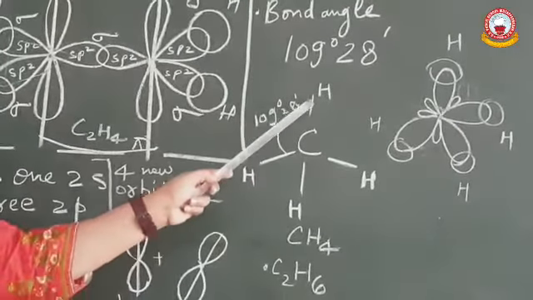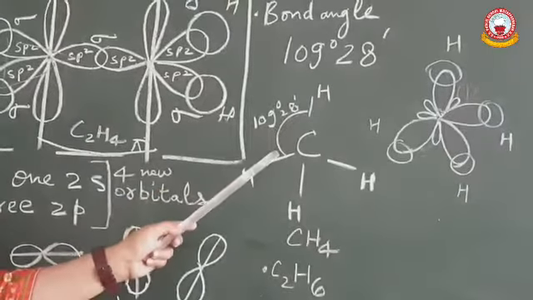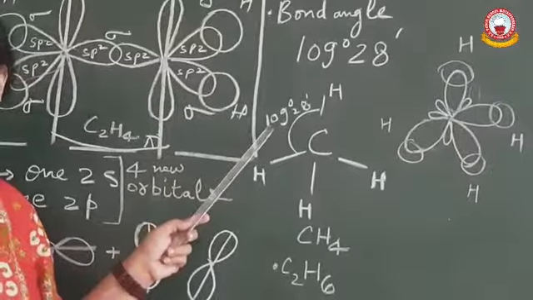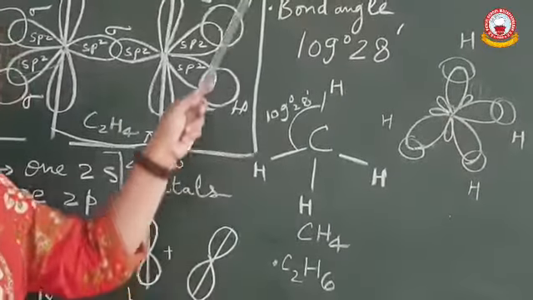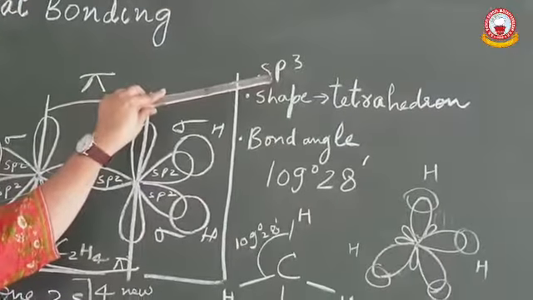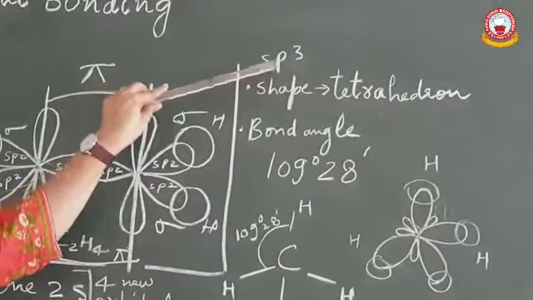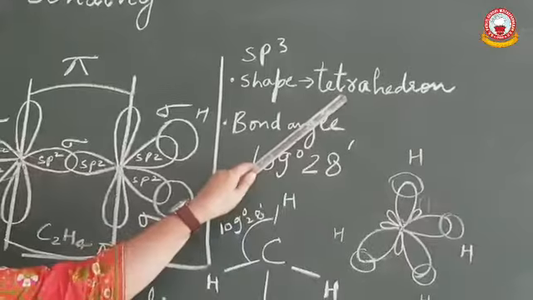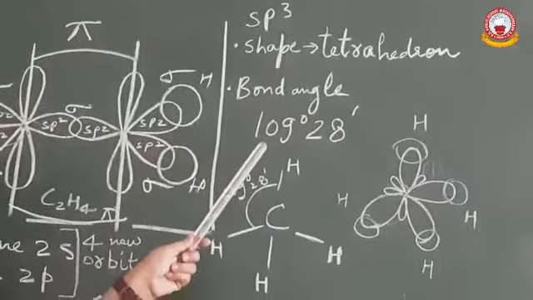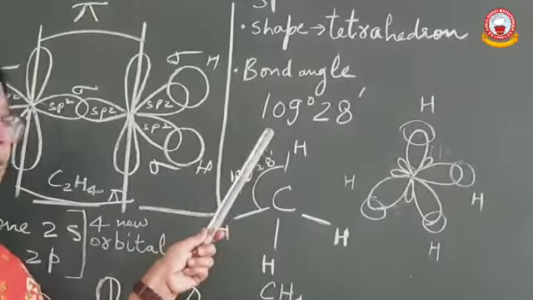This is the bond angle for all sp3 hybridized molecules, that is 109 degrees 28 minutes. These are the characteristics. Whenever sp3 orbital hybridizes, the shape obtained is tetrahedral and the bond angle is 109 degrees 28 minutes.